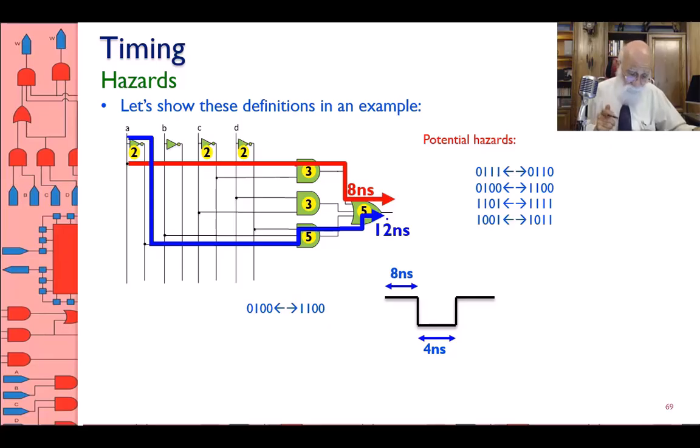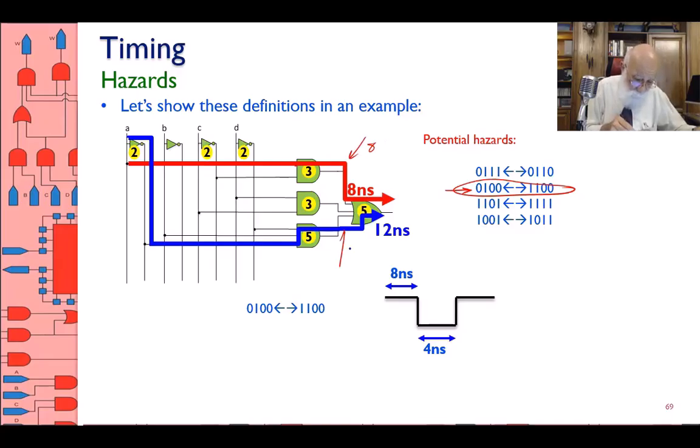Let's look at this one. This one is 0, 1, this one. So we are considering this. What is this? A is changing from 0 to 1 or 1 to 0. A1 has this upper path, again 8 nanoseconds.